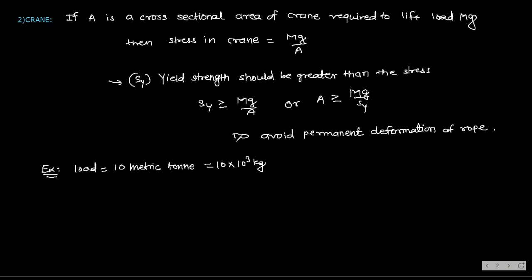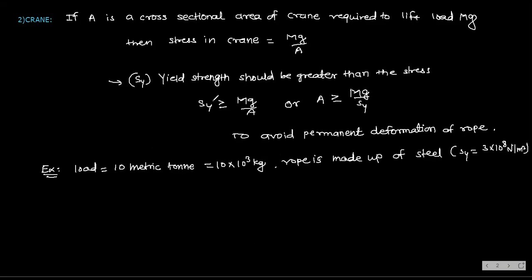And the rope is made up of steel, suppose. That is, Sy they have given as 3 into 10 to the power 8 Newton per meter square.